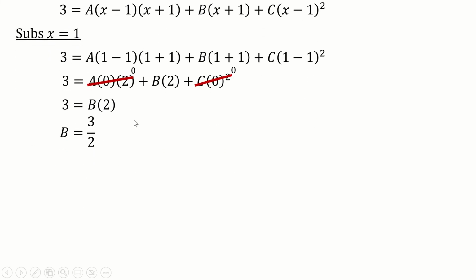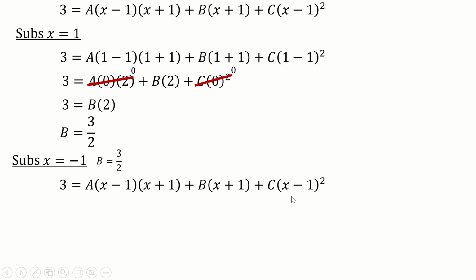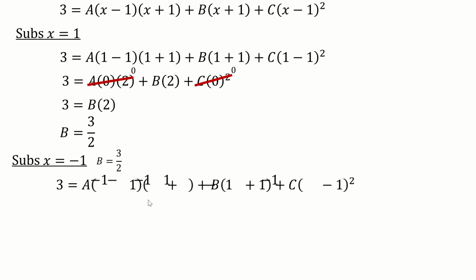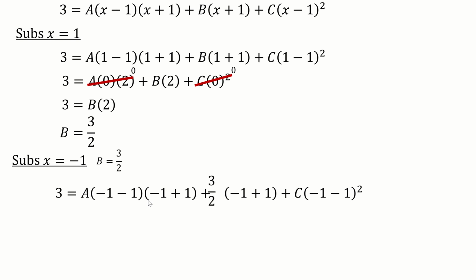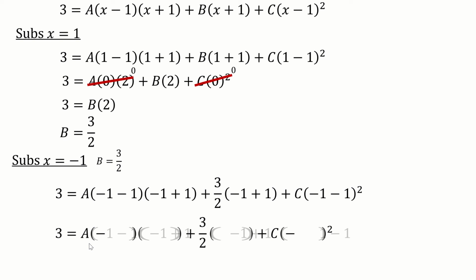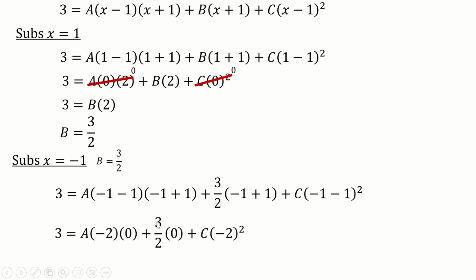Alright, so now we already have B. Next we can choose another factor, which is (x plus 1). The root is x equals negative 1, so we can substitute x equals negative 1, and also the value of B, which is 3 over 2, into the equation. Here we can simplify: A times negative 2 times 0, 3 over 2 times 0, C times negative 2 squared.